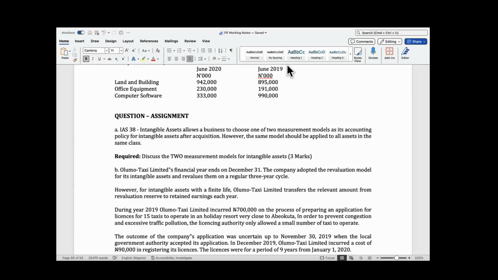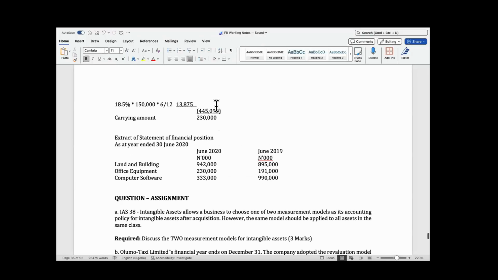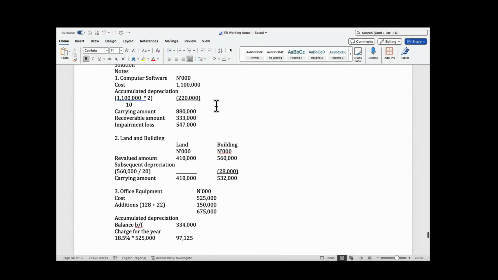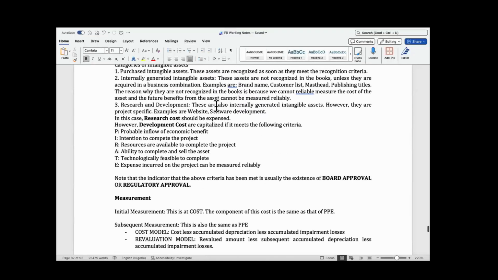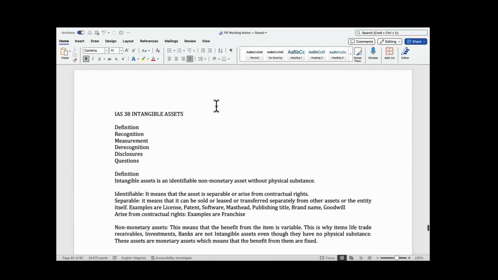So let's start our class from where we stopped in the last period. In the last period, we looked at intangible assets under IAS 38, and we saw a great similarity with IAS 16.